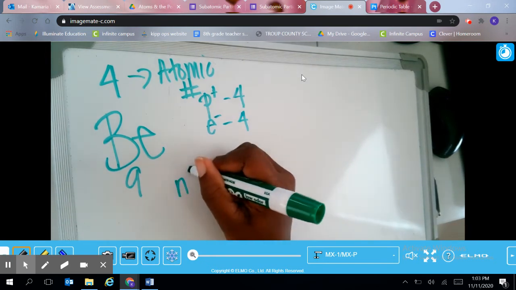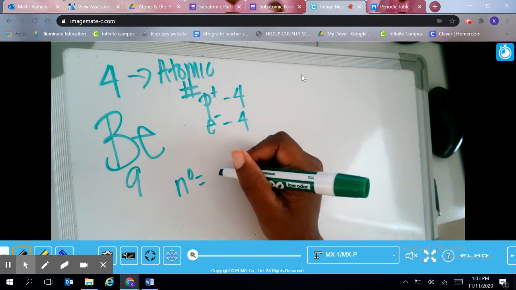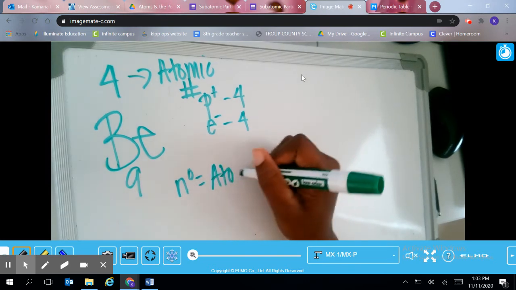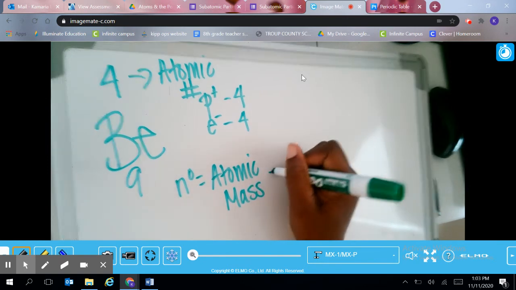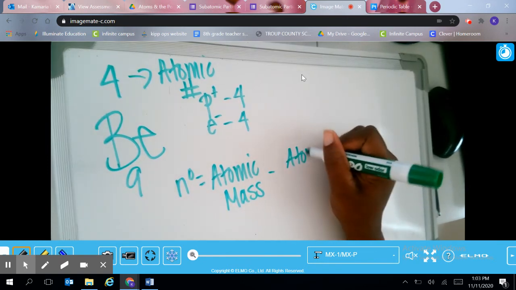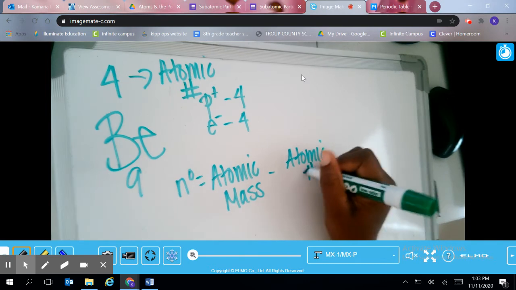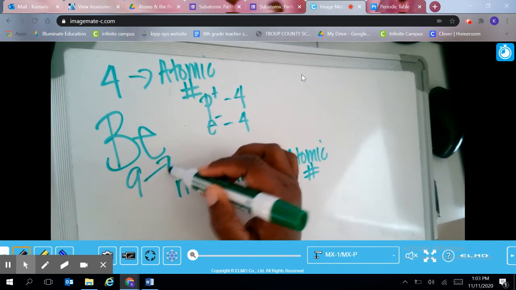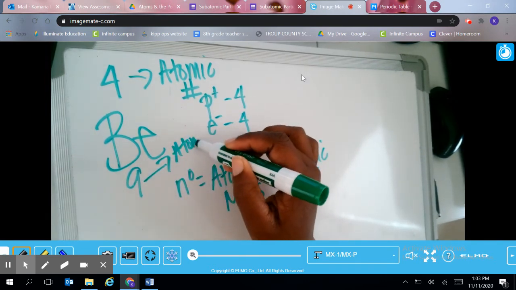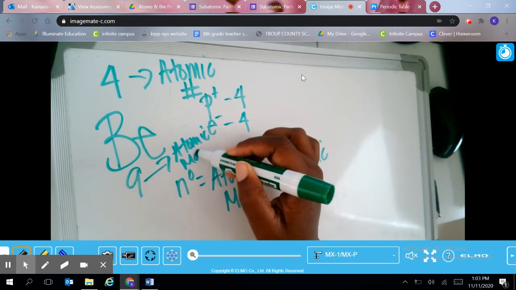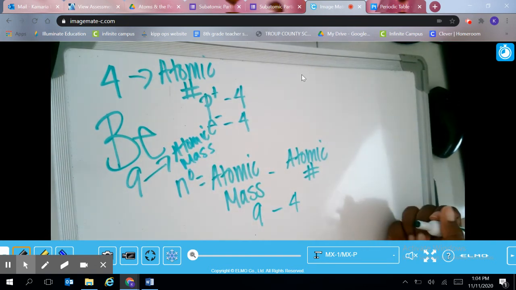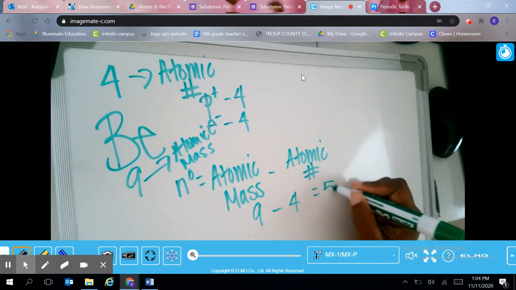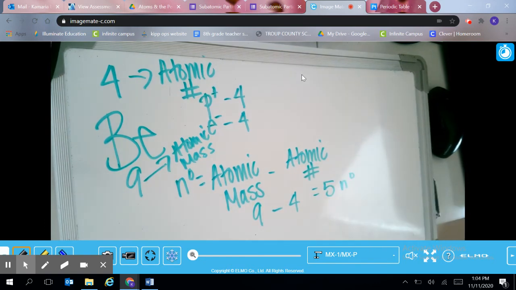And we know we can find neutrons by doing the equation atomic mass minus atomic number. So the atomic mass is the bigger number, so that's 9, minus the smaller number or the atomic number, which is 4. 9 minus 4 means I have 5 neutrons.